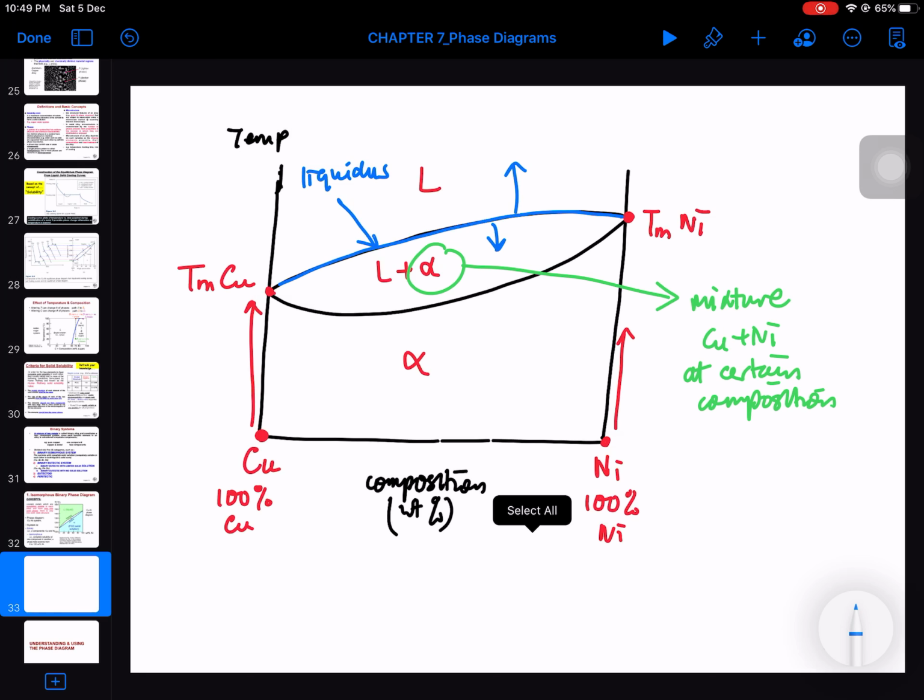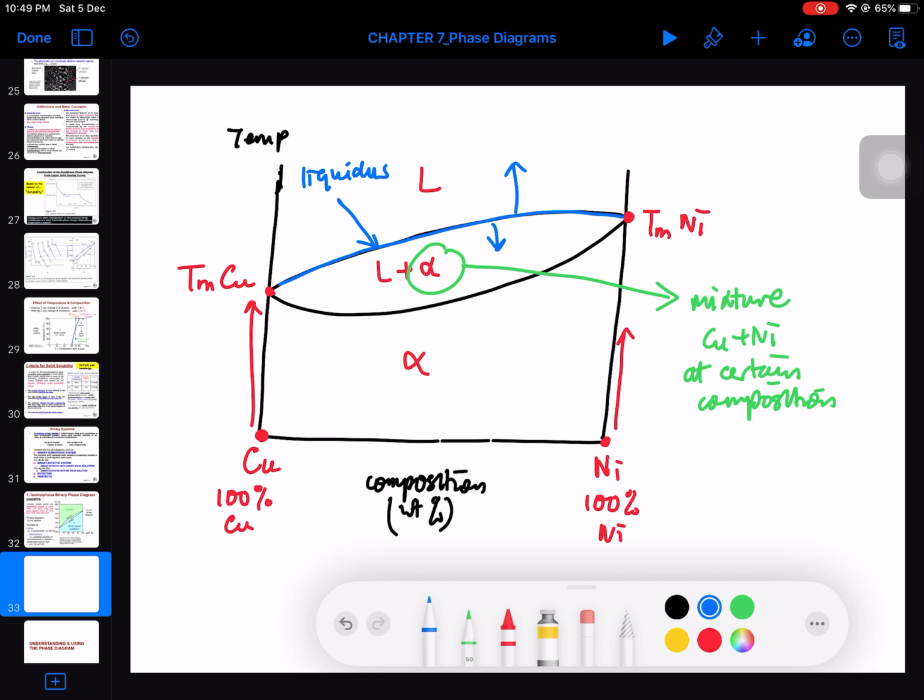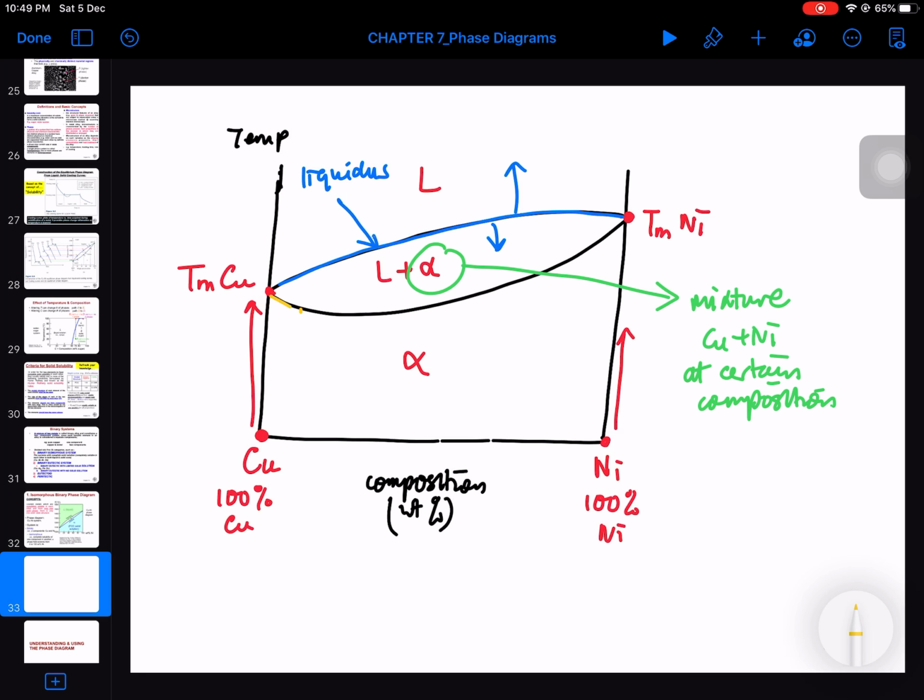Then we have another phase boundary. This phase boundary is the one that separates the transition area from the all-solid area. This yellow colored line is what we call the solidus line.